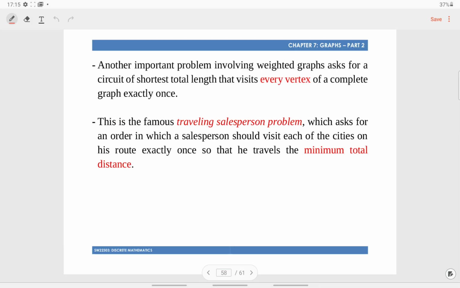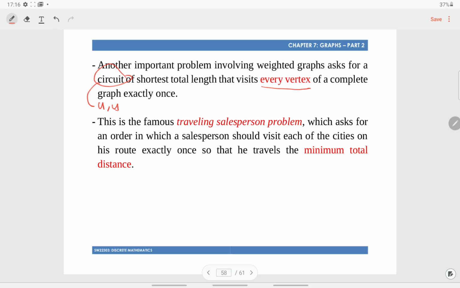Another important problem involving weighted graphs asks for a circuit of shortest total length. What is a circuit? It starts at a point and ends at the same point. Start from you and end at you, we call it a circuit. It must be of shortest total length and visit every vertex of a complete graph exactly once.